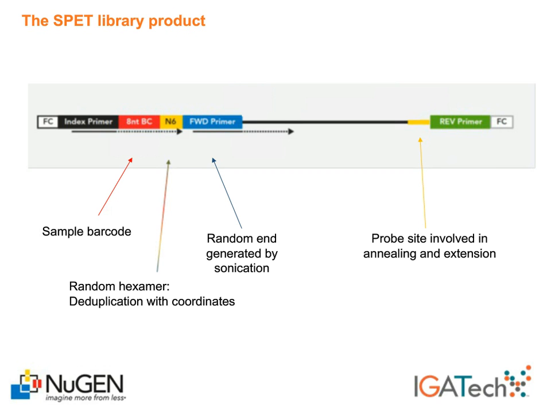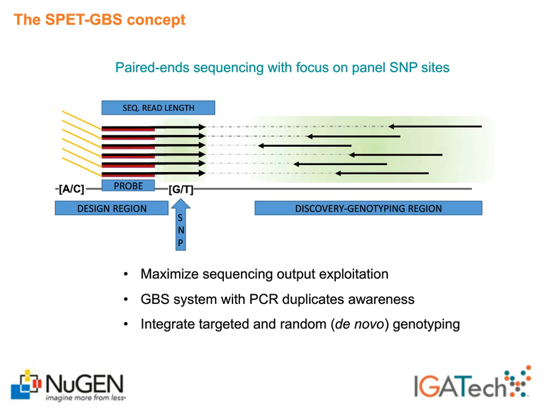However, given our purposes, the idea was to adopt this technology, but with the maximization of the genotyping ratio for a set of chosen SNP sites of interest. So instead of targeting a region with a distributed coverage of reads just by means of the first read of a pair, we managed to design probes to be just upstream of a target SNP in order to be read through by the reverse read.